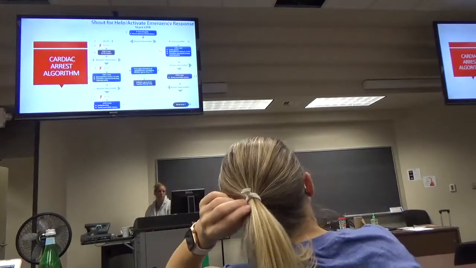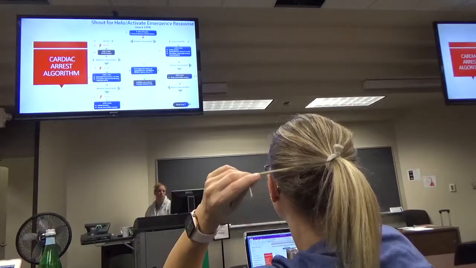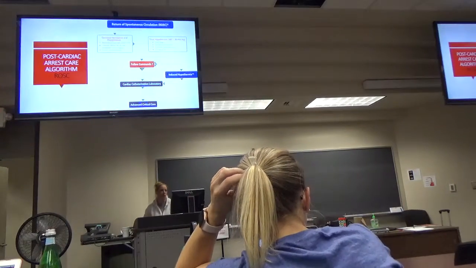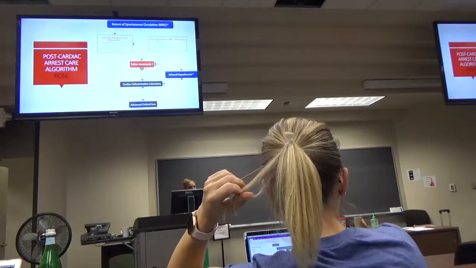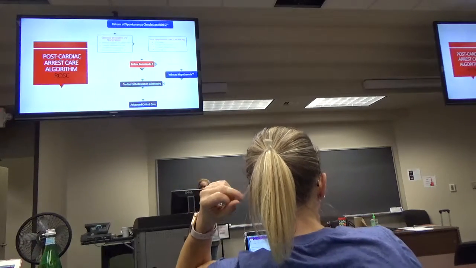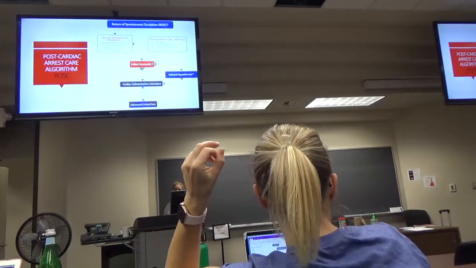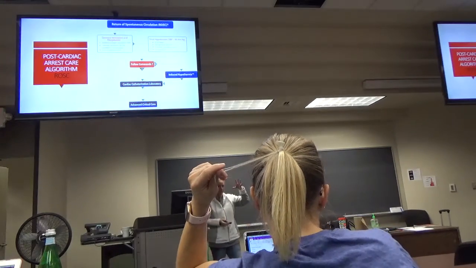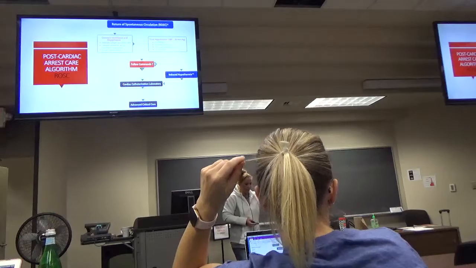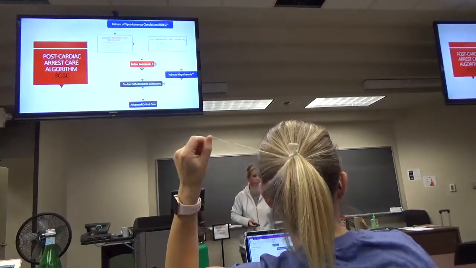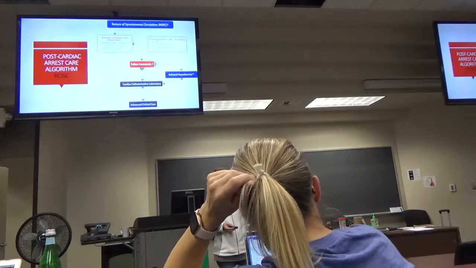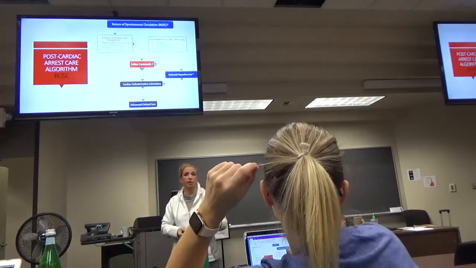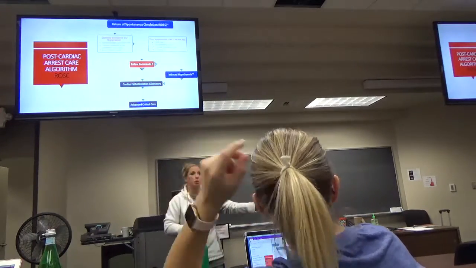All right. So same thing that I just went over, just a different format. Here is the ROSC slide. Essentially, once they have return of spontaneous circulation, the big light bulb that came on for me when I was learning this initially in the ER is: what was the last drug that we used on them that converted them into a normal rhythm?